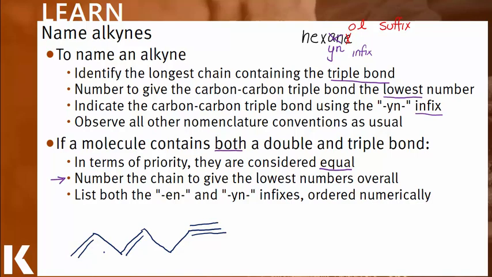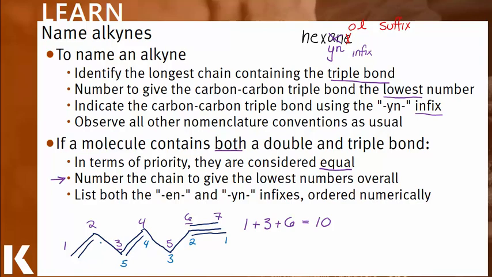Let's take a look at this molecule and use it as an example to illustrate this point. Now, if we were to number this molecule from left to right, here in purple, we would have a sum of 1 for the double bond, 3 for the second double bond, and then 6 for that triple bond. And that would give us an overall sum of 10. But let's see what happens if we label from right to left.